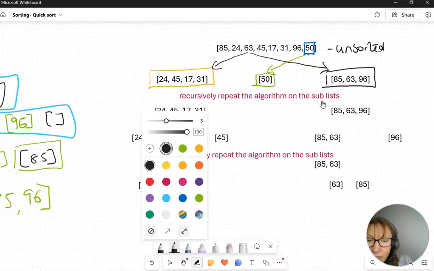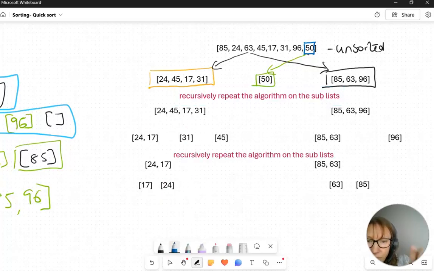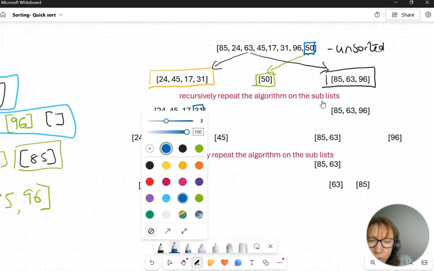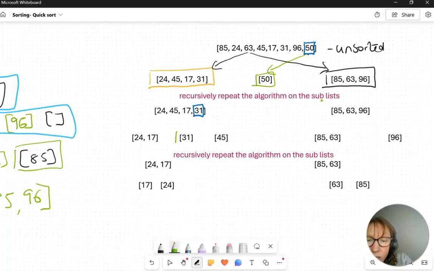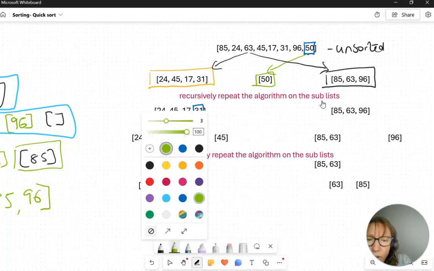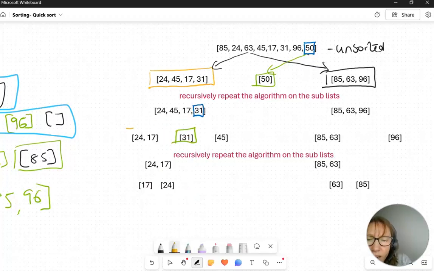So basically we're doing the same thing over and over again. We are taking, for any list we have, the last value becomes our pivot value. That gets pulled out and it's deemed sorted. Then from the rest of the list, we have our values that are less than the pivot value, our values that are greater than the pivot value.